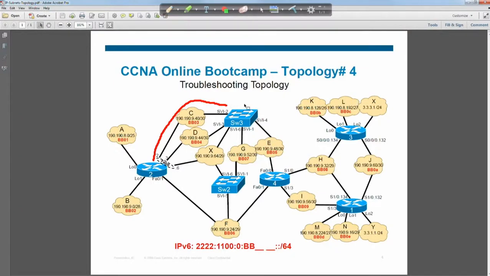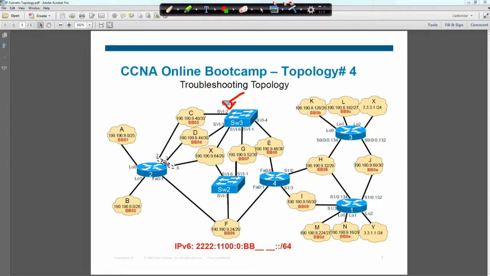So if these EIGRP hellos stop coming, then switch 3 after 45 seconds will say, okay, my neighbor's gone, delete him. A lot of people would think, then what I probably need to do is go onto interface SVI2, interface VLAN 2, and modify my hold time there.